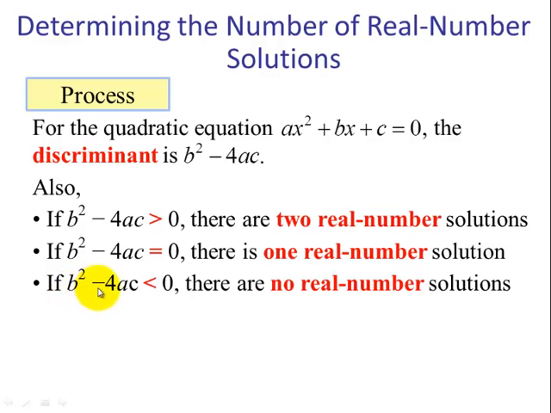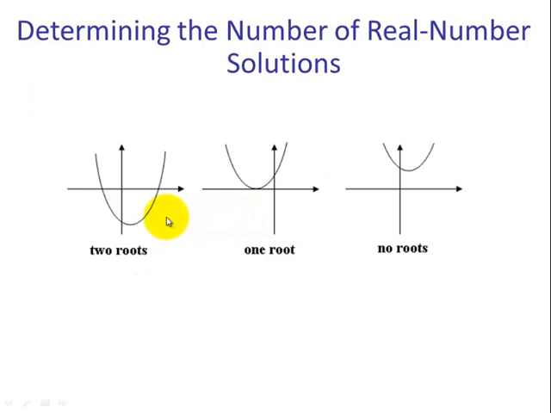And if b squared minus 4ac is less than 0, a negative number, we can't take the square root of a negative number and get a real number. So there are no real number solutions. Let's think about this idea graphically. If there are two real number solutions, there'll be two x-intercepts.